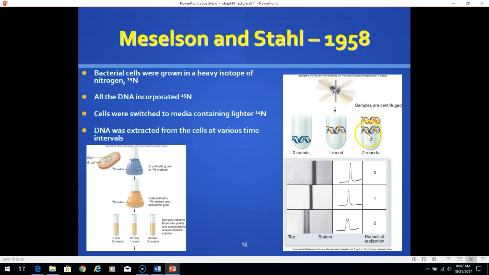The other one is going to have radioactivity in it, but only half. And so notice that we now start seeing two banding patterns. We see one representing the fresh DNA, another one representing the radioactive DNA. And this was all the information they needed to prove that DNA replicates semi-conservatively.